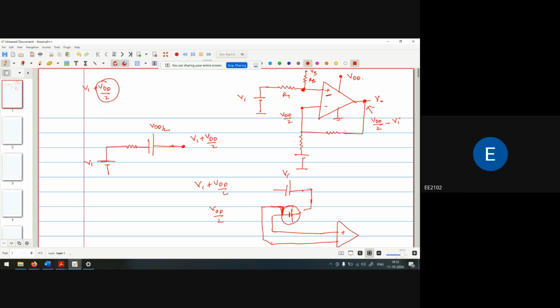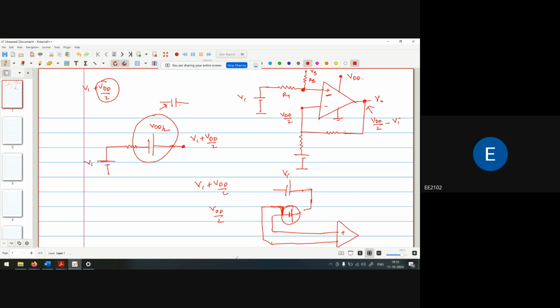Okay, so the problem is that we require two batteries. So how do we overcome this problem? In place of the VDD by 2 battery, I am using a capacitor.